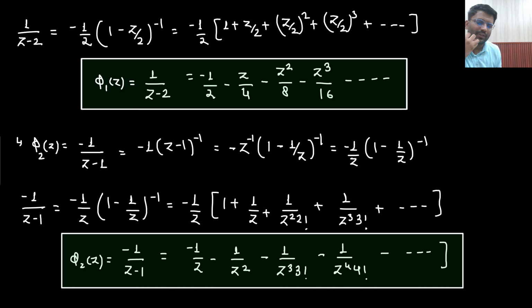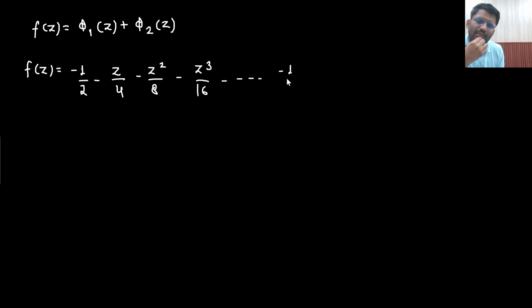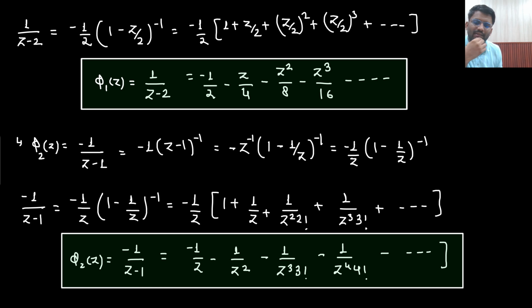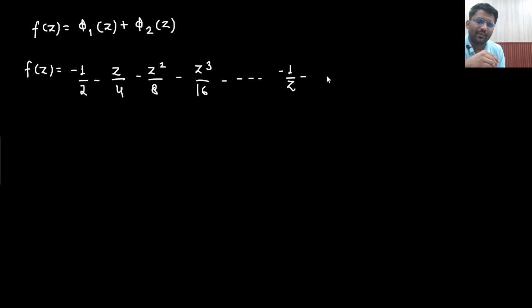Then along with that phi 2z will also come. That would be minus 1 by z, minus 1 by z square, minus 1 by z cube 3 factorial, and so on. It will keep on going, right?